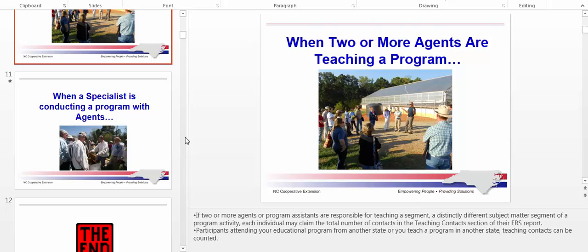If one agent or program assistant does all the teaching and the other agents or program assistants just attend the activity but are not involved in teaching, only the agent or program assistant who does the actual activity can count the contacts.